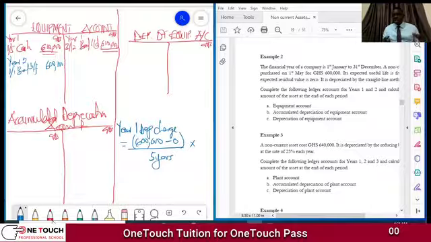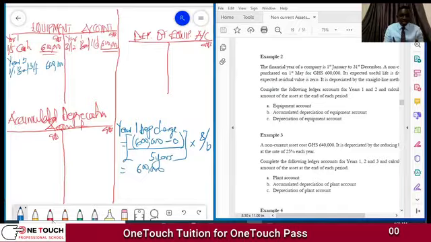The asset was acquired on May, so it became available for use in May. So May, June, July, August, September, October, November, December. That's 8 months. So that will be times 8 on 12.